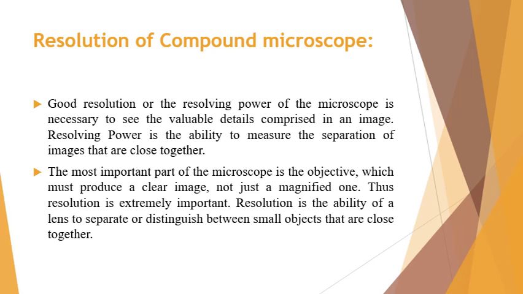The most important part of the microscope is the objective, which must produce a very clear image, and not just a magnified one. So resolution is extremely important, and it is the ability of a lens to separate or distinguish between small objects that are very close together.